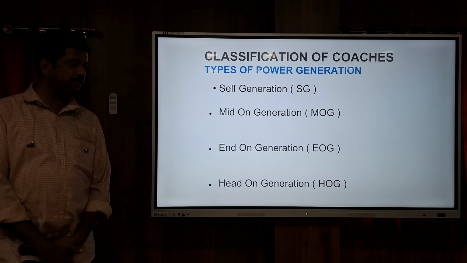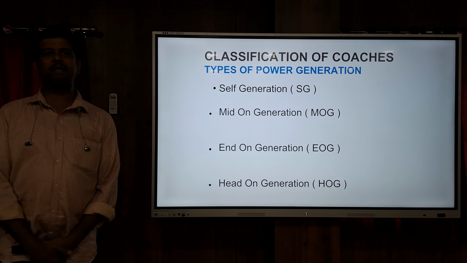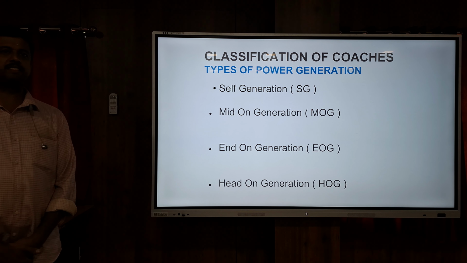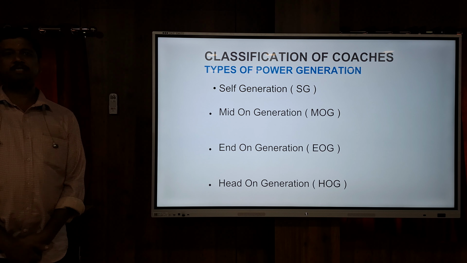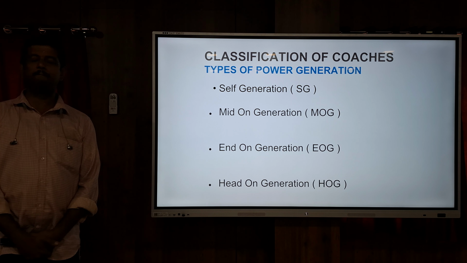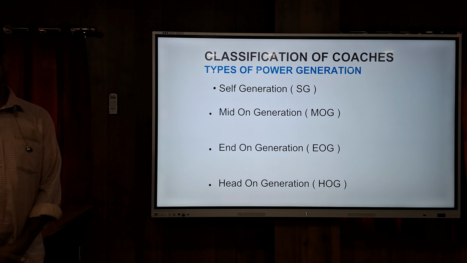Now the next is mid-on generation. Many may not be aware of this concept. In some slow running passenger trains in some sections, running for very few kilometers only, the pulley arrangement is not sufficient for charging the batteries.